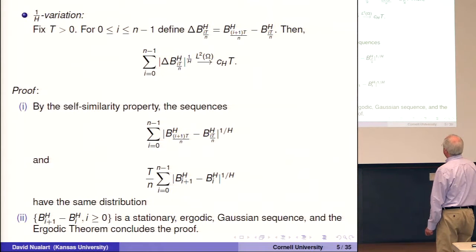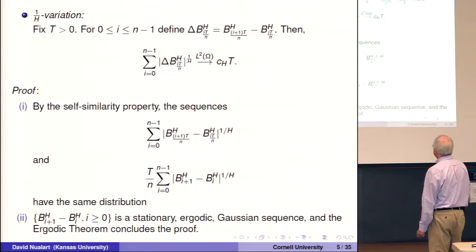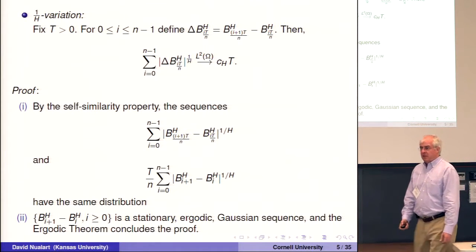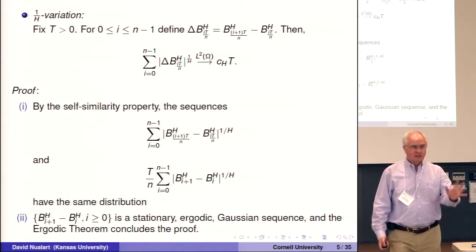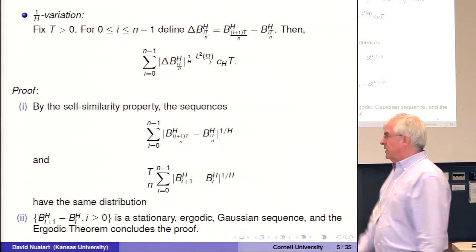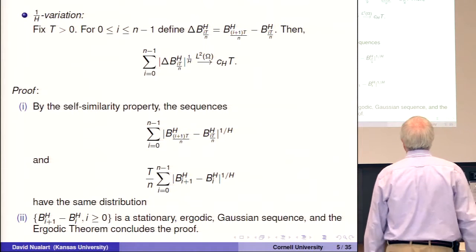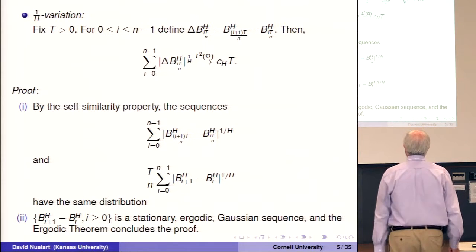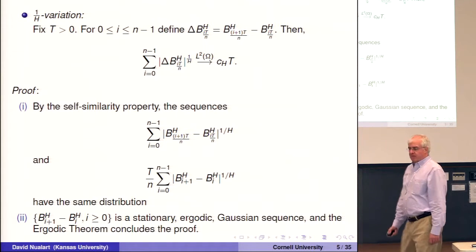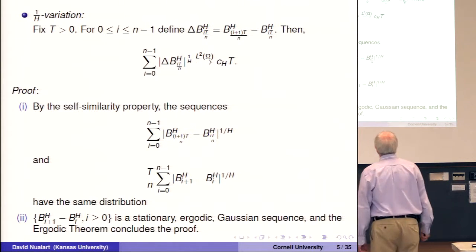This gives a stationary sequence, which is ergodic because of the decay of the covariance, and then by the ergodic theorem this average equals the constant. Okay, so this was actually proven by Rogers in 1997. So this is another important property which is a consequence of the self-similarity of the fractional Brownian motion.